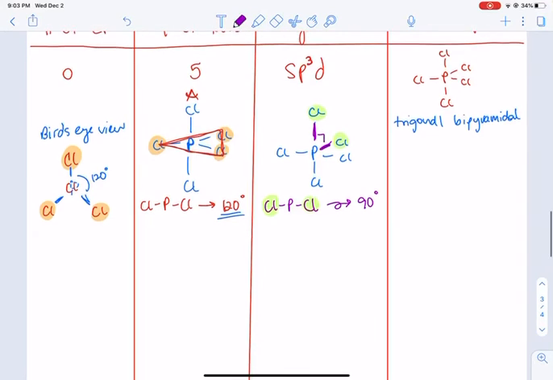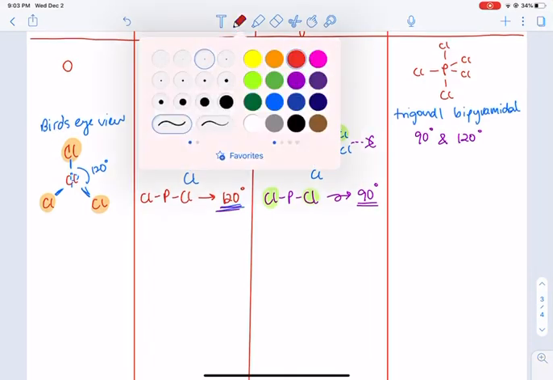Because if you look at this from the side, and then you've got other things going on, that's going to be a 90-degree angle. So your two angles for trigonal bipyramidal are 90 degrees and 120 degrees. Okay, that's probably the hardest one, but one of the most tested structures as well.